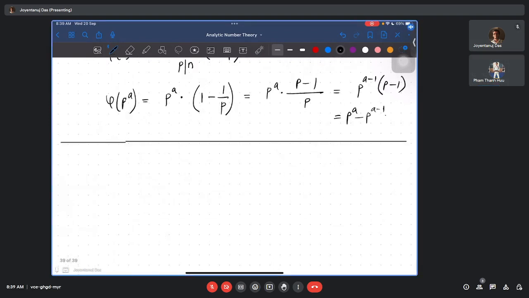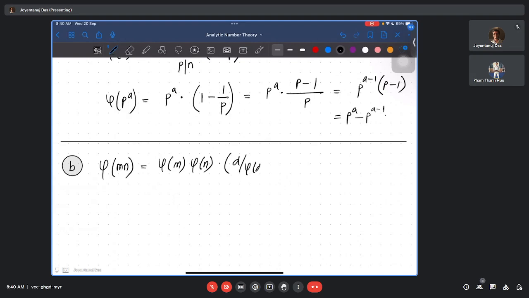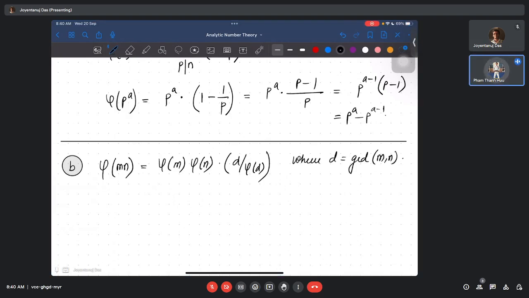So the next property is that phi of mn is nothing but phi of m times phi of n times d by phi of d, where d is the GCD of m and n.